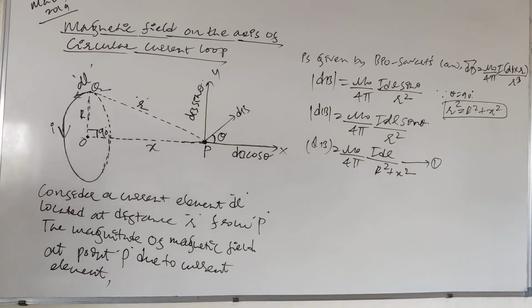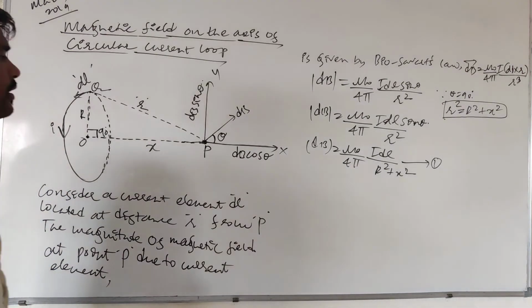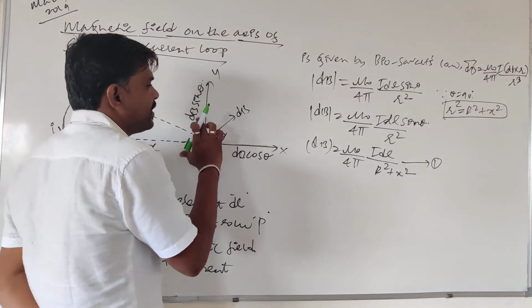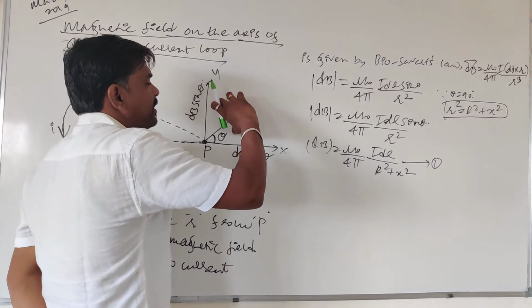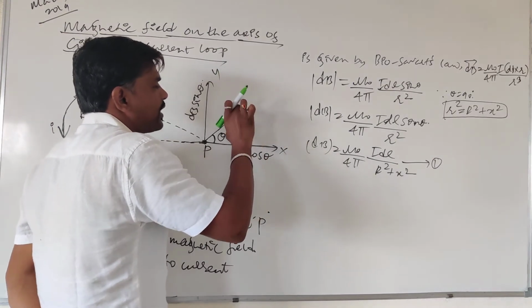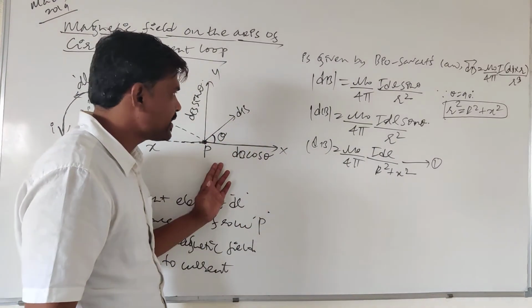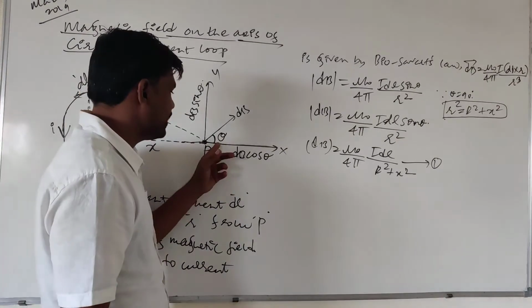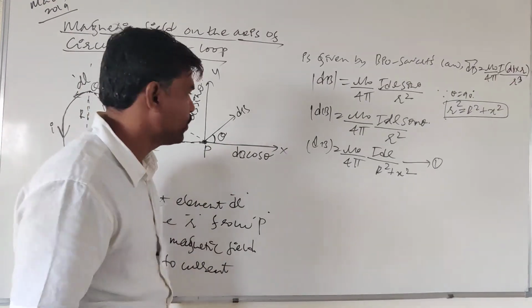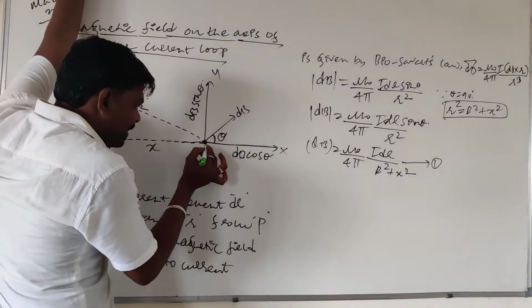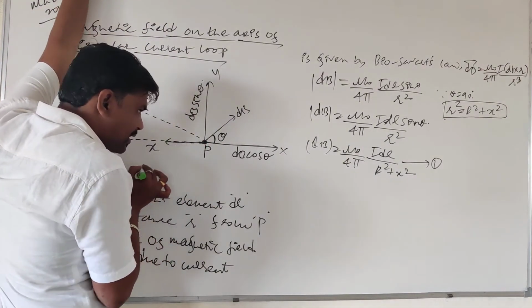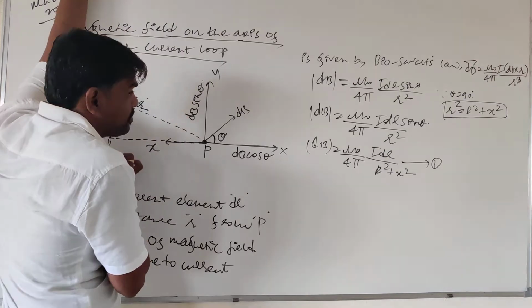So next, now you know the direction of dB. dB is divided into two components, one along the x axis and one along the y axis with the angle of theta. See, here also there is dB cos theta, but that is minus.